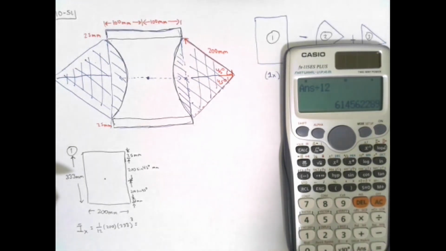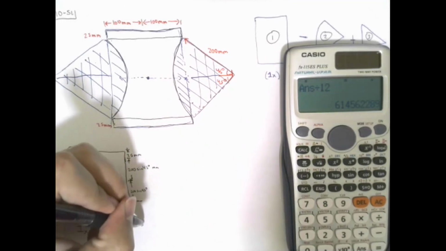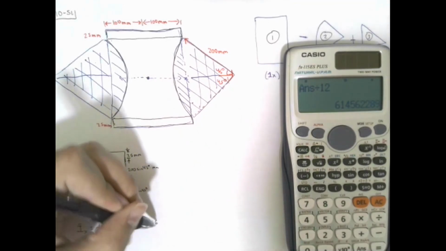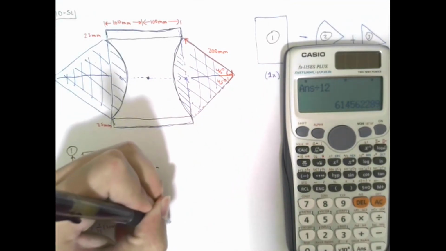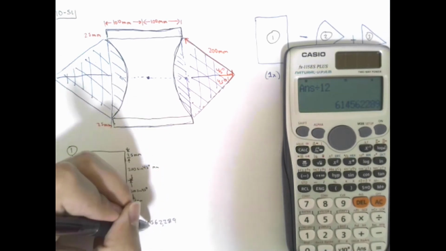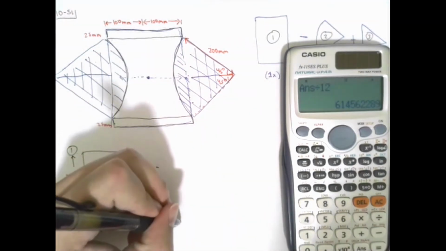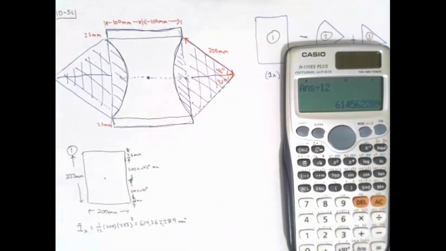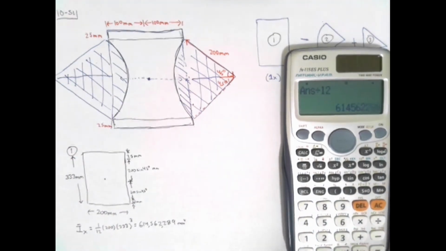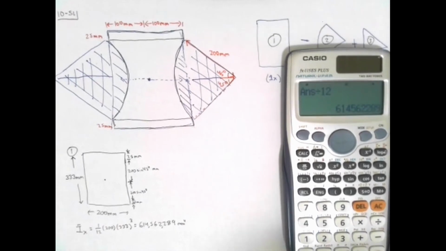This gives me 614,562,289 millimeters to the fourth. That's my moment of inertia about the centroidal axis.